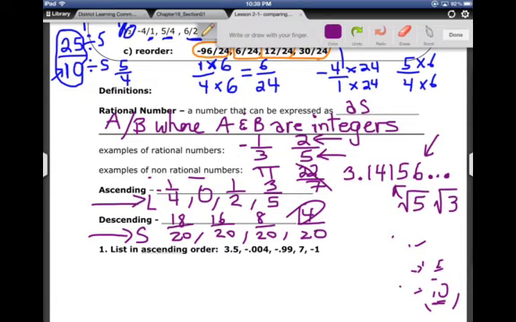Okay, so when you go to list values in ascending order, you say, what is the ascending order? Since these are decimal values, you look for the smallest one first, and you look for the largest one last. So when you look at these values, you look for the largest negative value. Now this is kind of sneaky.